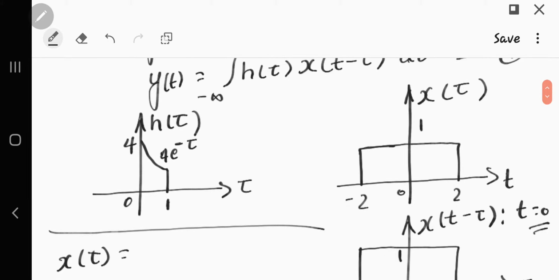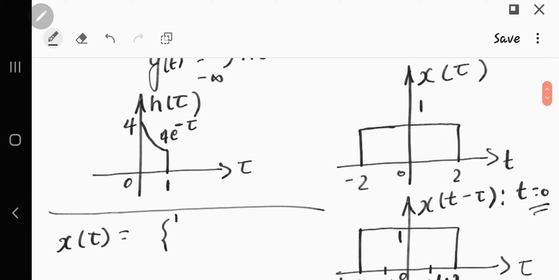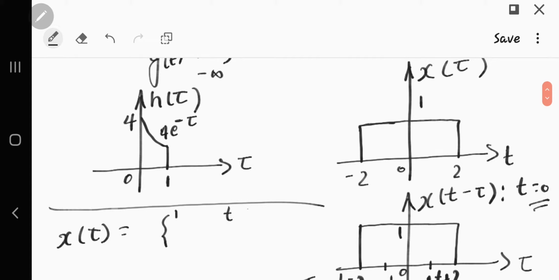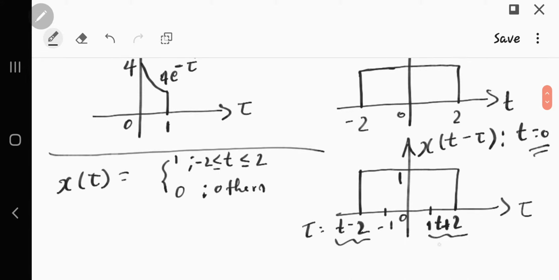Now x of tau is equal to 1 for tau less than or equal to plus 2 and greater than or equal to minus 2, and it is 0 for others. Okay, so this is x of tau.